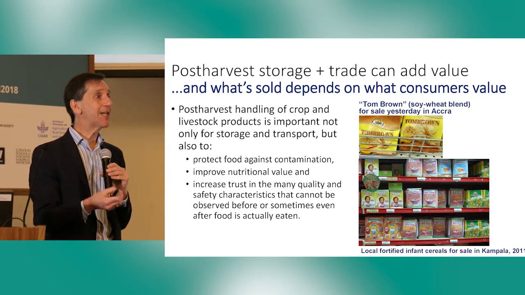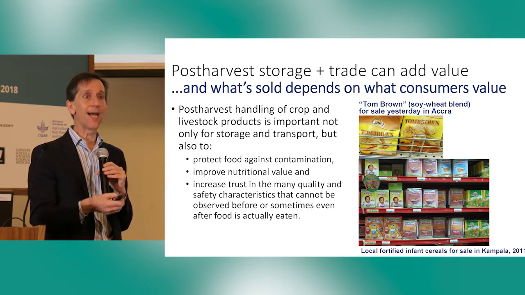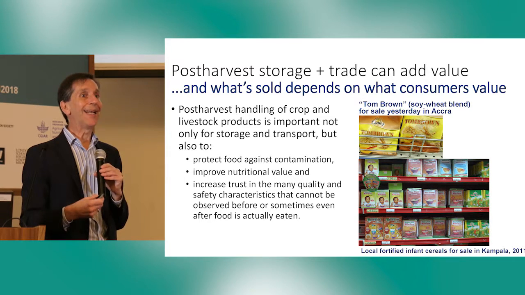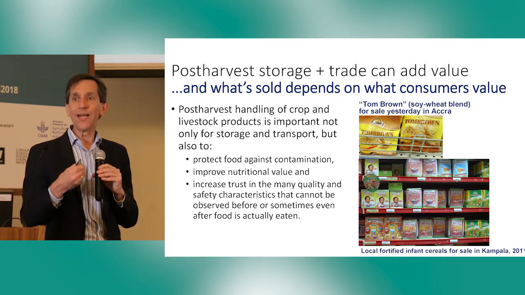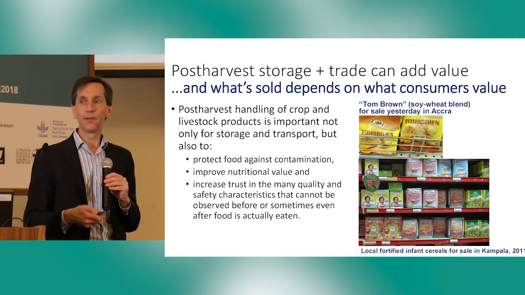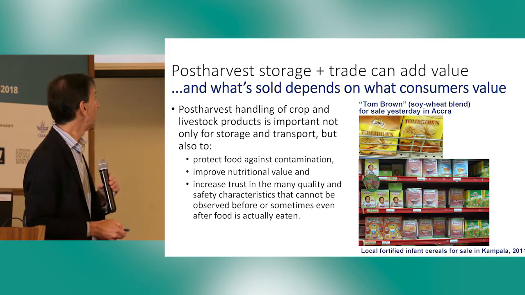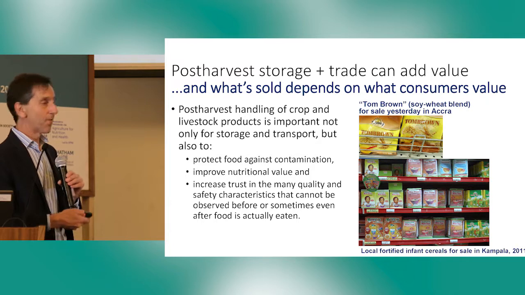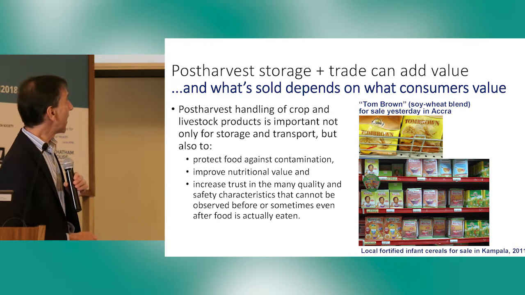It can be very location specific. This is true for Ghana, but not elsewhere. It can change over time, and it's often about the food industry, about processing, and so forth. So I think this is a really good instance of that. So this is sort of the market for fortified infant foods that we're quite interested in.